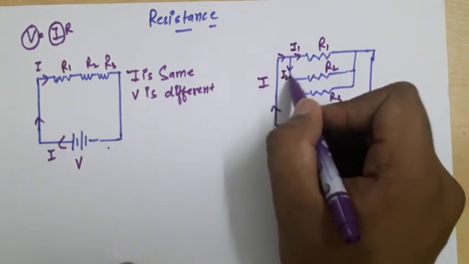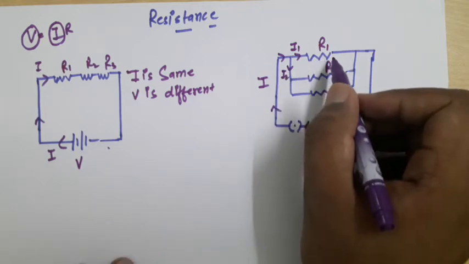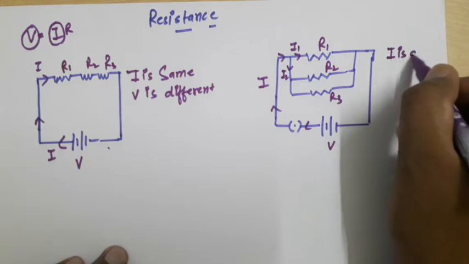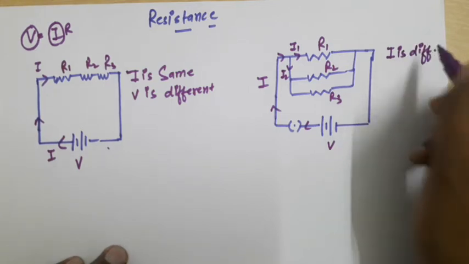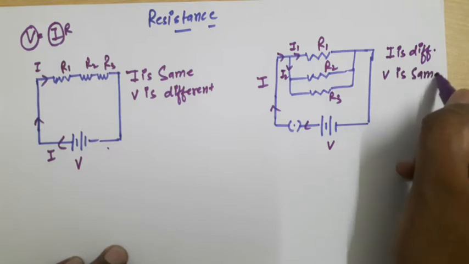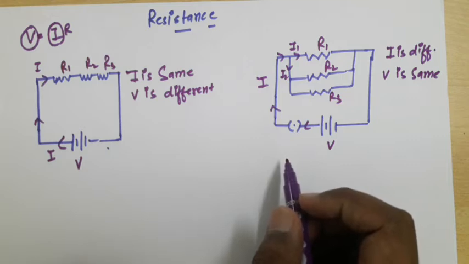So in parallel the current is divided, I will be different, and the potential difference V will be the same for all three resistors.